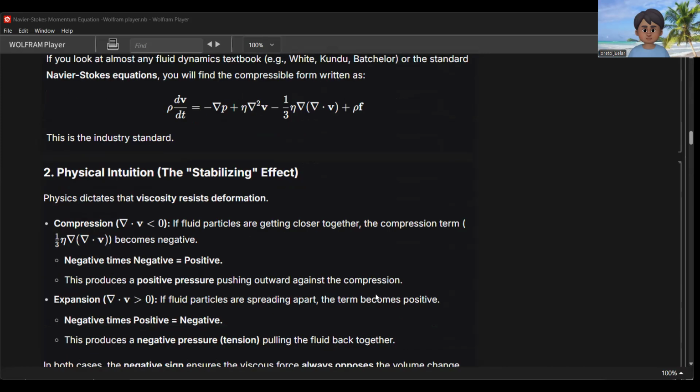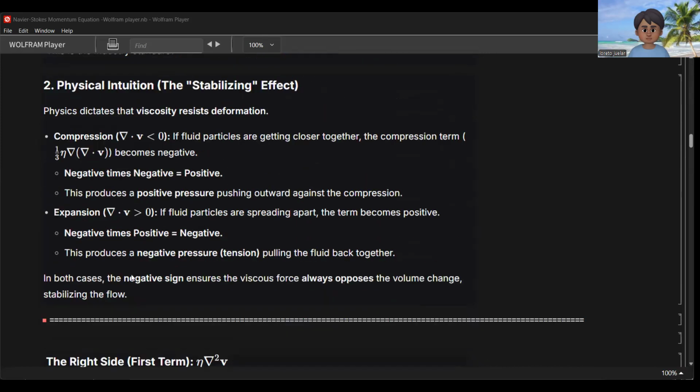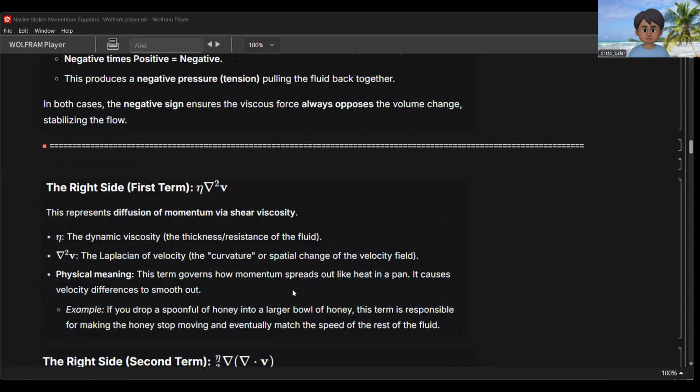In both cases, the negative sign ensures the viscous force always opposes the volume change, stabilizing the flow.